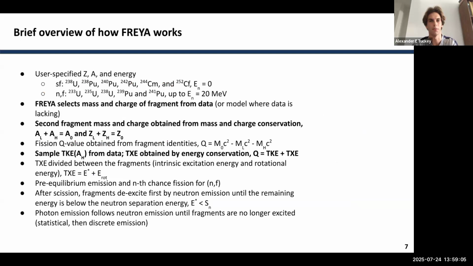I don't have much experience with the Freya source code, so unfortunately I can't go into much detail on that. But I will say the link that I provided for the documentation and source code itself will walk you through this event generation as well. And if they don't go over the specific models in that document, there are references to the papers that explain that.